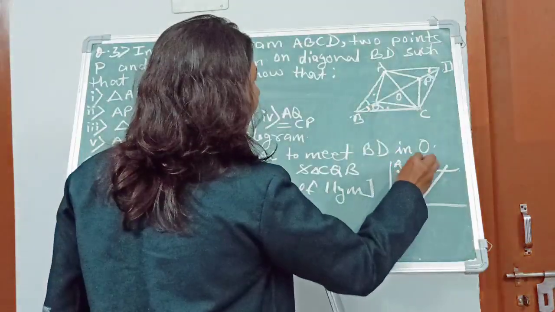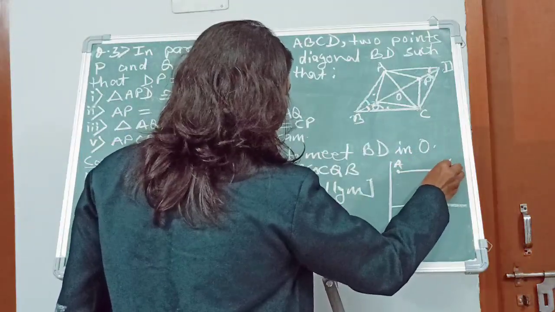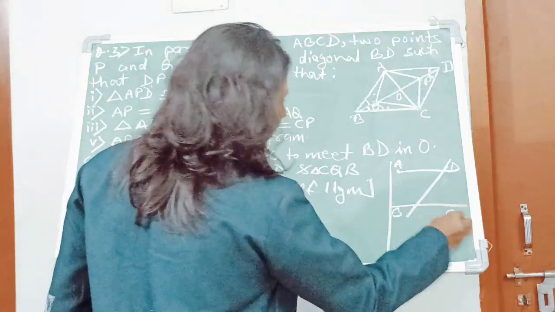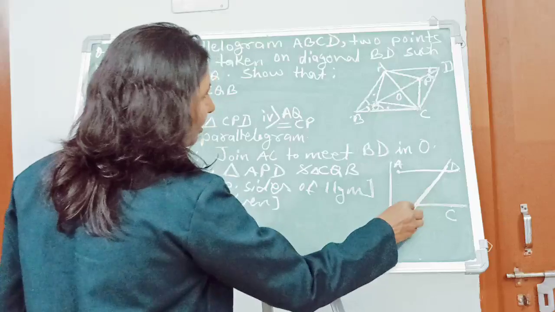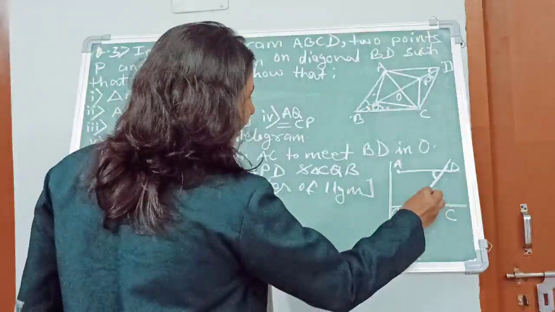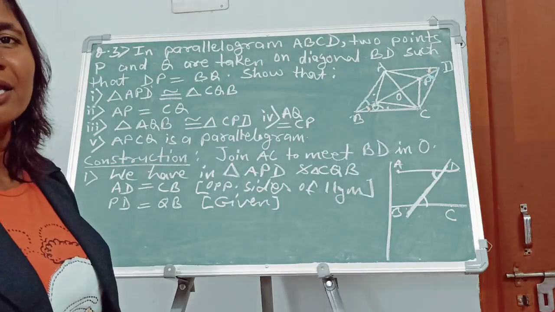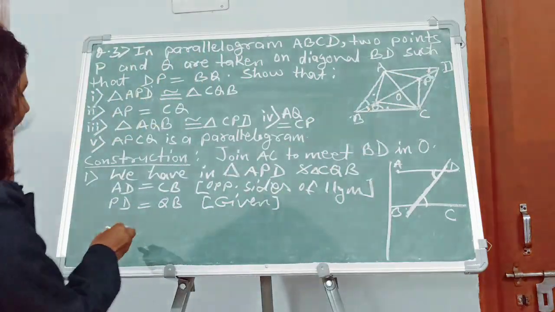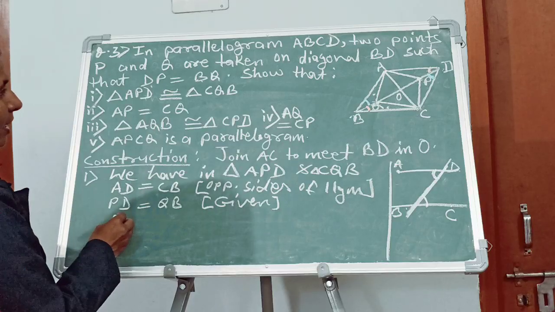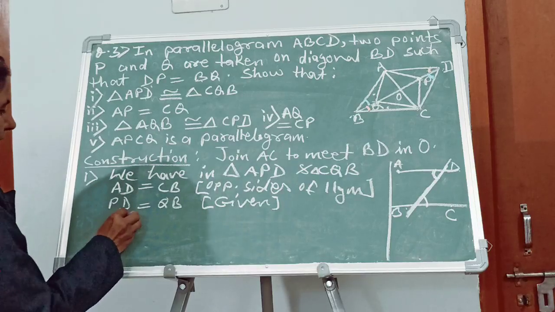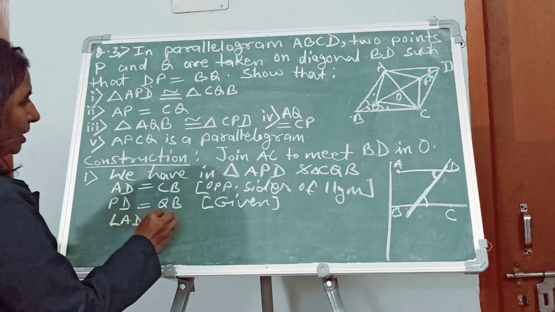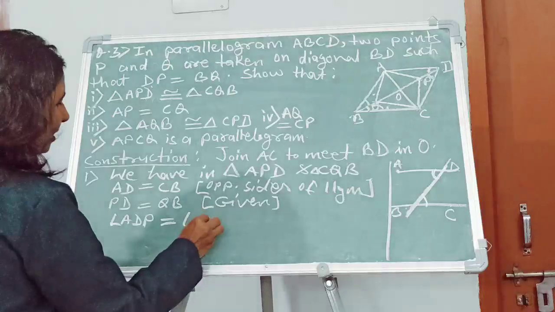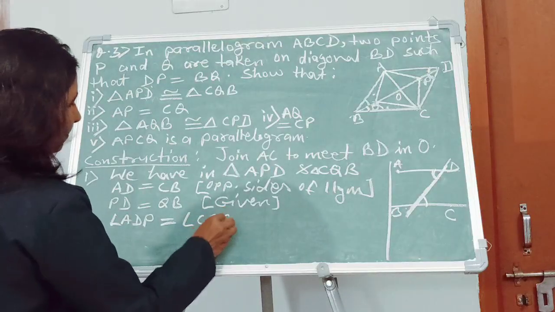If this is A and this is D, this is B and this is C, and this is the transversal, what would happen? This angle and this angle will be alternate interior angles, right? So we can write here angle ADP is equal to angle CBQ.